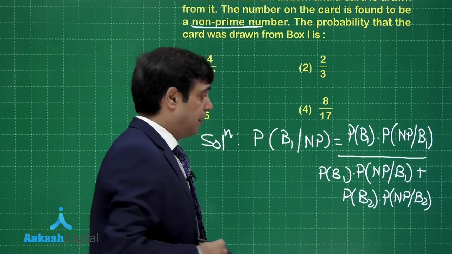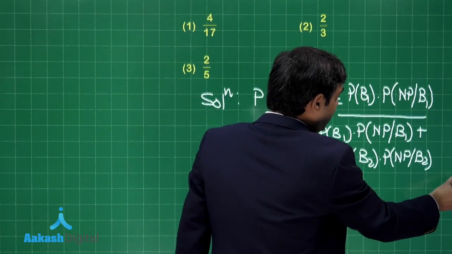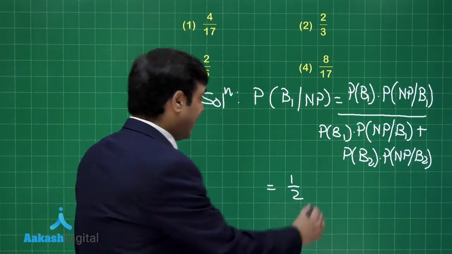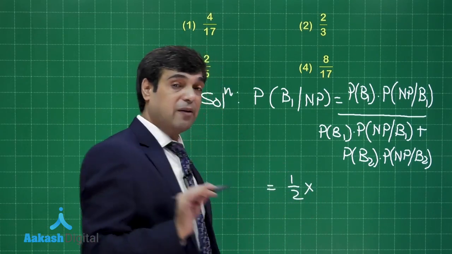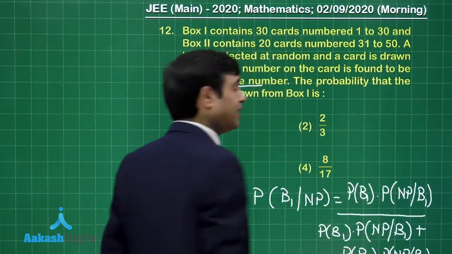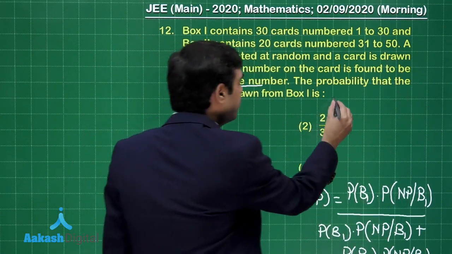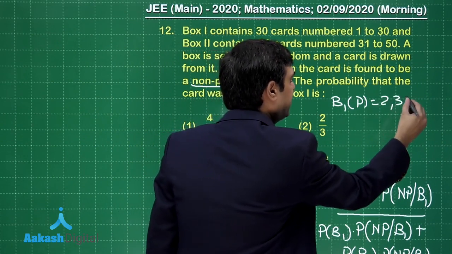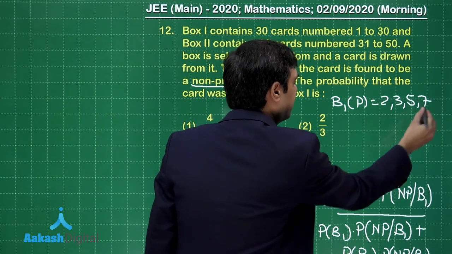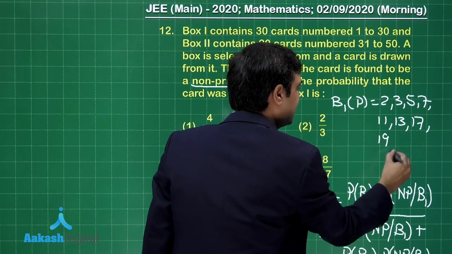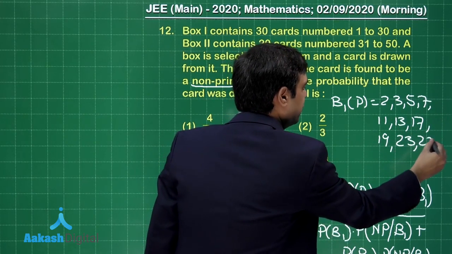This is clear? Now, probability that it is from box 1 or 2, it is simply half into non-prime from box 1. What is box 1? Box 1 has numbers 1 to 30. So what are the primes in box 1? You can see 2, 3, 5, 7, 11, 13, 17, 19, 23, 29.